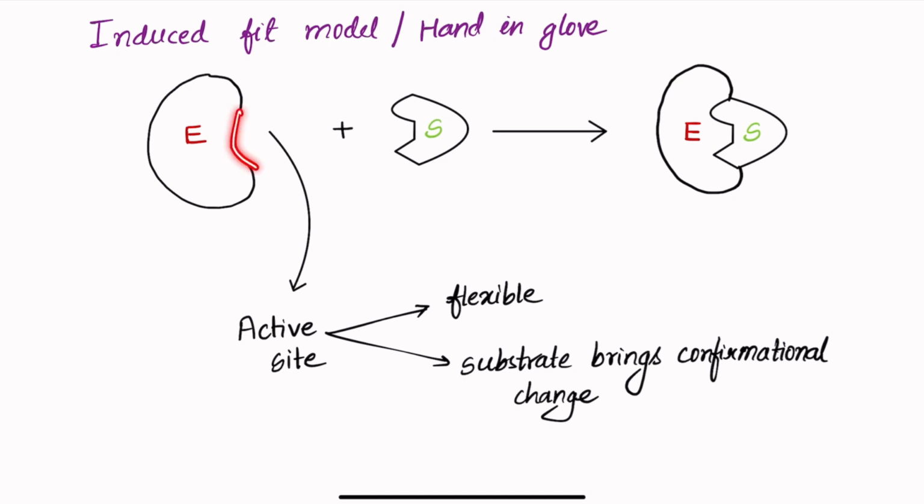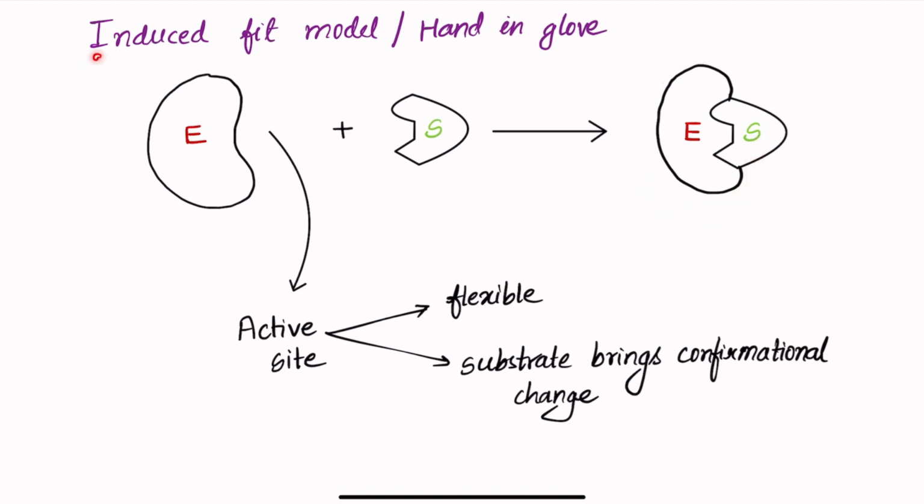And it changes depending on the surface of the substrate itself. So it is the substrate that brings conformational change, that is change in shape. So when this substrate comes in contact with the enzyme, at the active site, the change in the structure of the surface takes place so that the substrate can fit or bind with the enzyme.